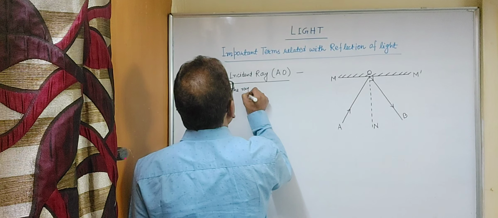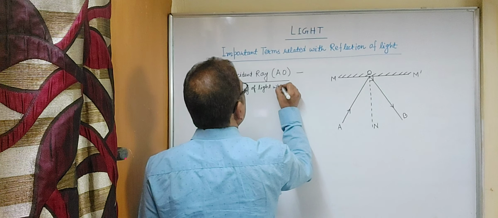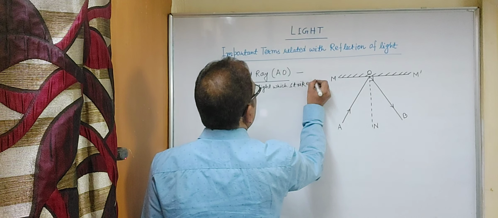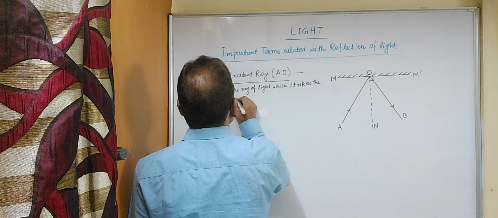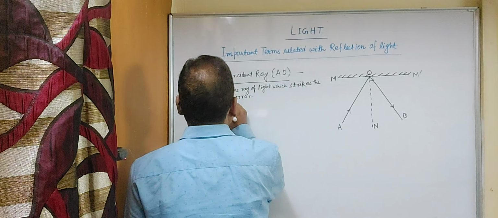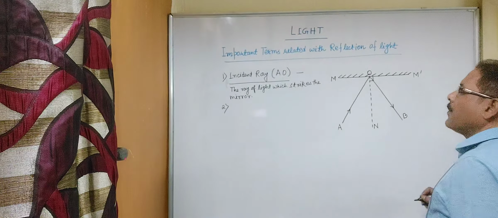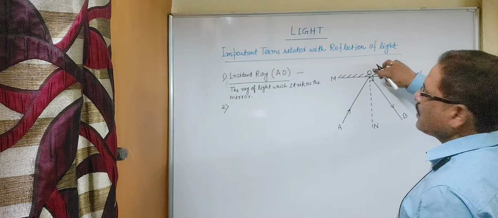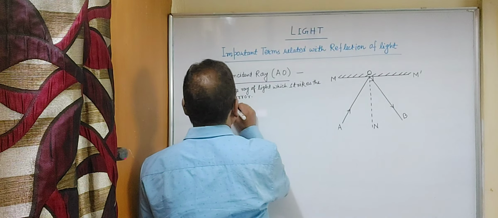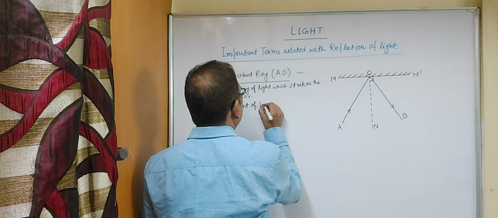The ray of light which strikes the mirror. Then, what is O? O is the point of incidence.